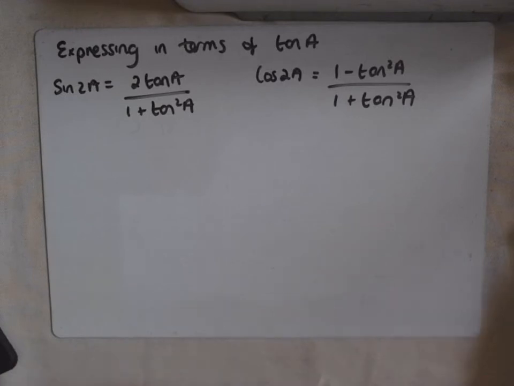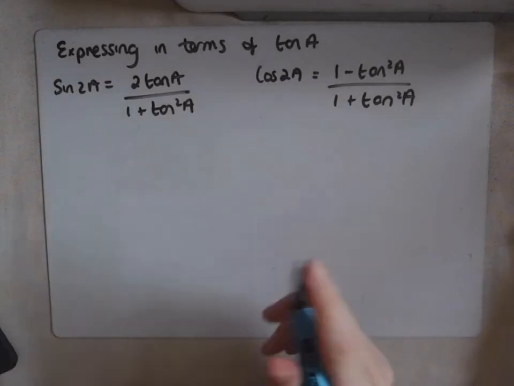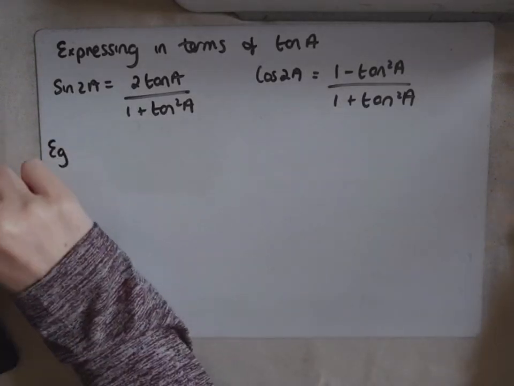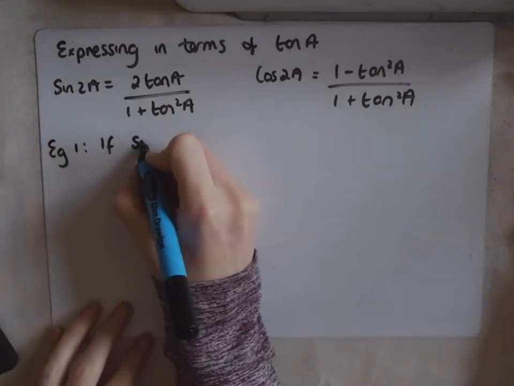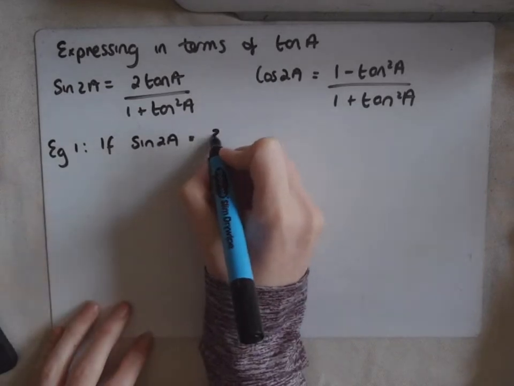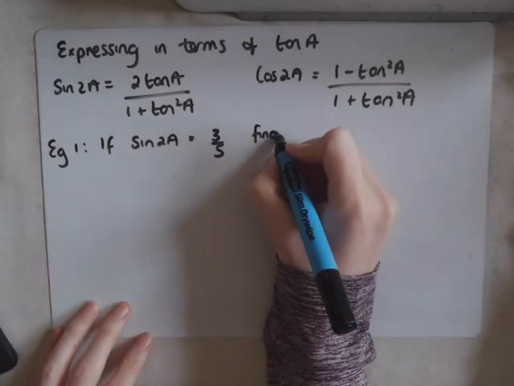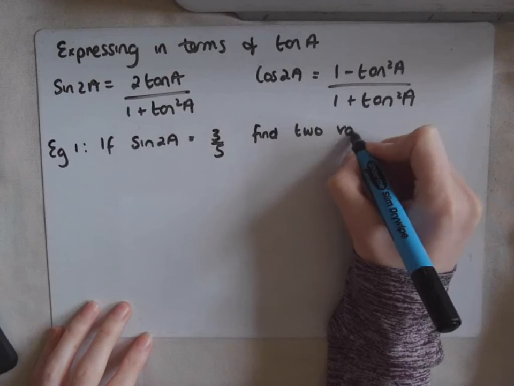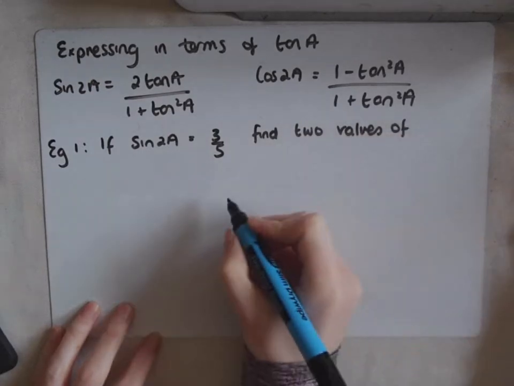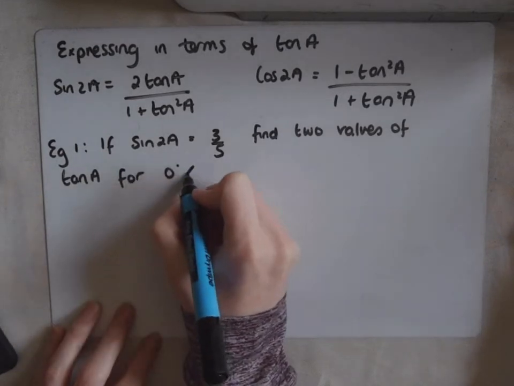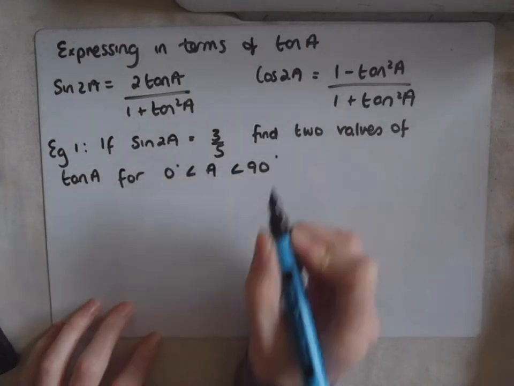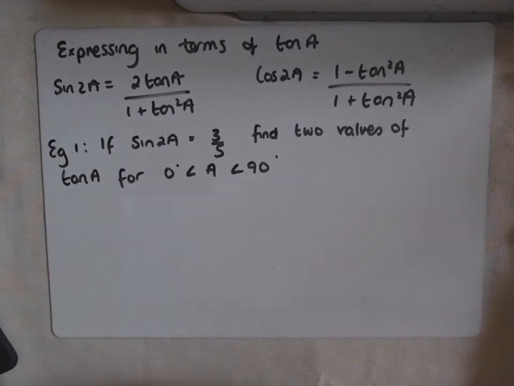Okay, and sometimes it's helpful to use these formulas in a question. So for example, I'll just call it example 1 here. If sine of 2a is 3 over 5, find two values of tan a.